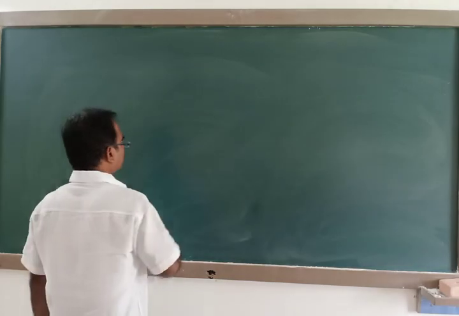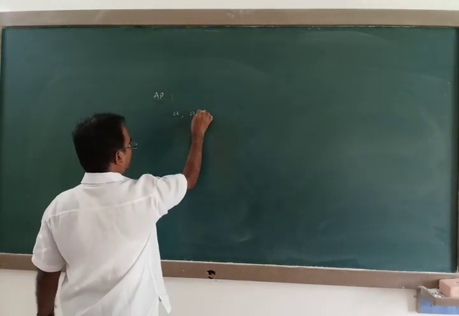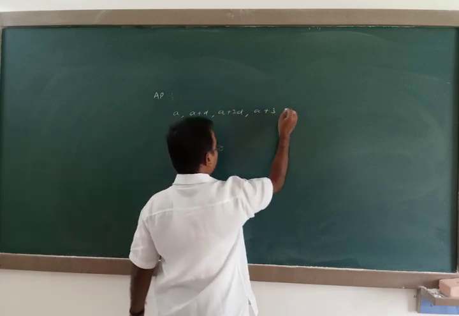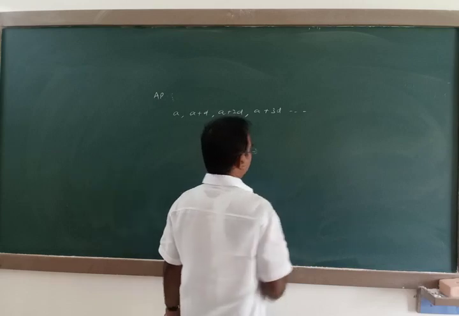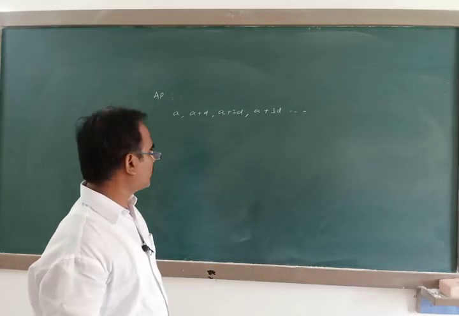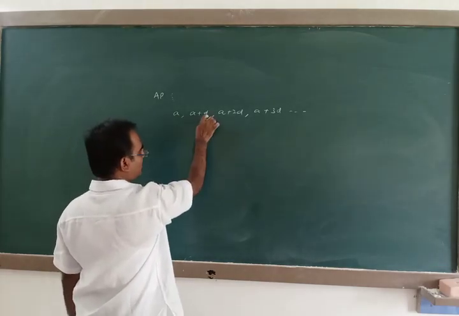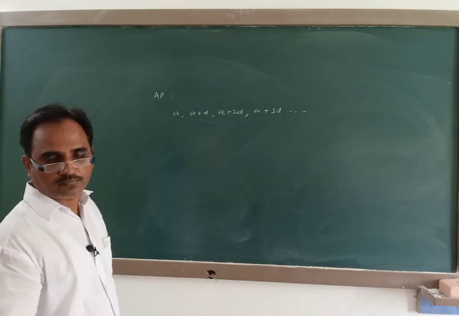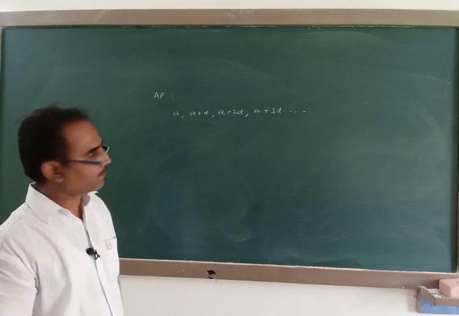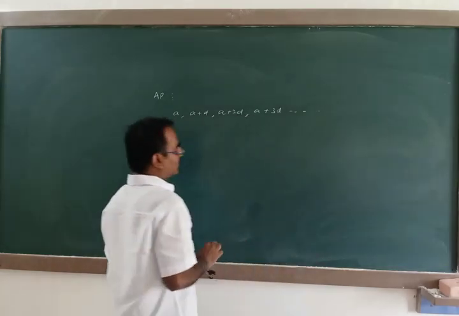So a series of this form, A, A plus D, A plus 2D, A plus 3D, like this, is called an arithmetic progression. This A is called the initial term and this D is called the common difference. If there are n number of terms, what is the nth term?